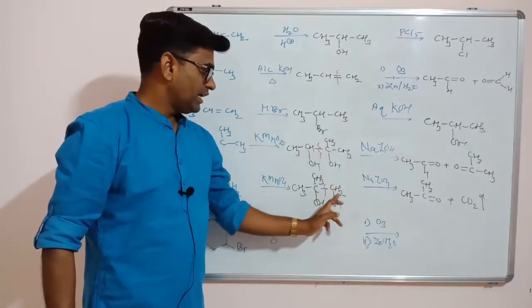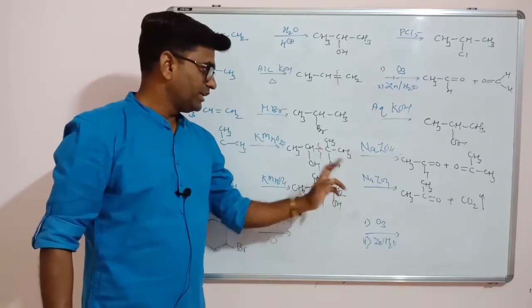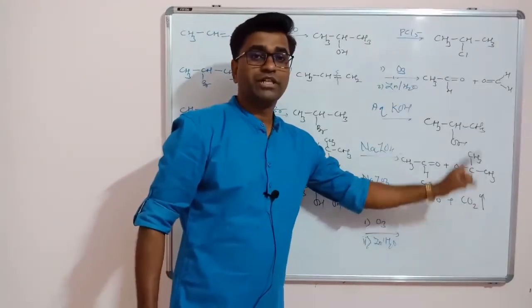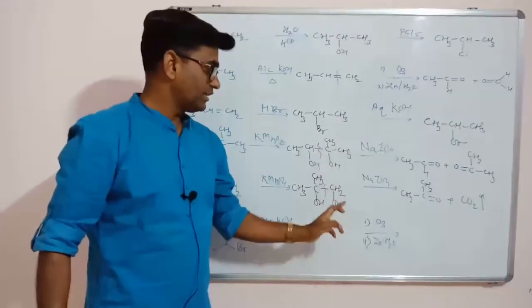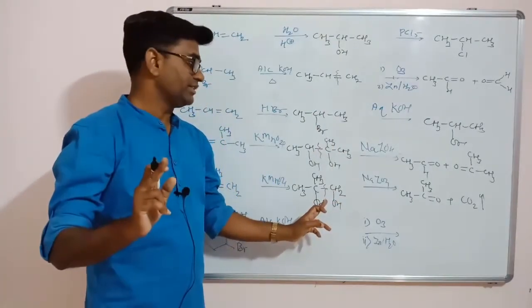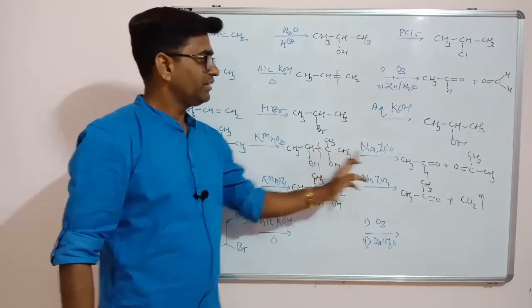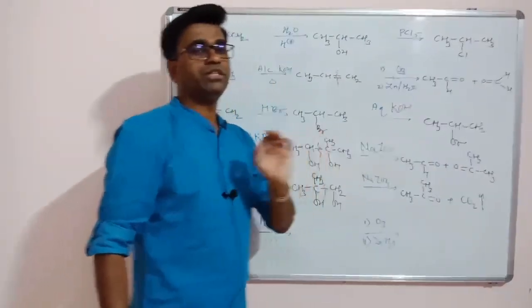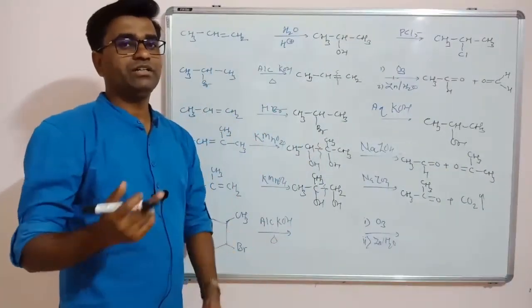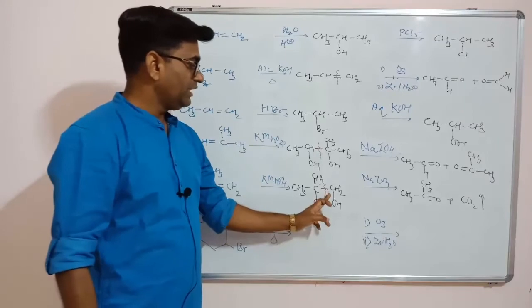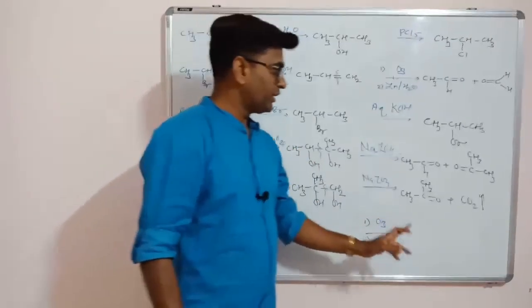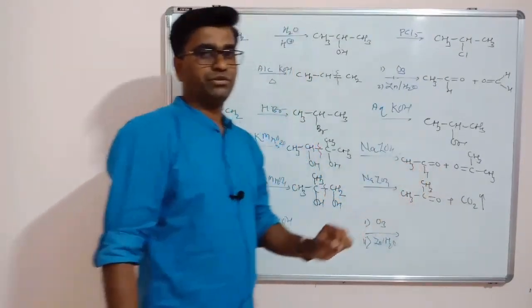If this alkene is a terminal, then terminal carbon is converted into CO2. This is the case for only terminal alkenes. If middle alkenes are there, then definitely you will get two carbonyl compounds, either aldehydes or ketones. But if terminal alkene is there, then one of the products will be CO2.